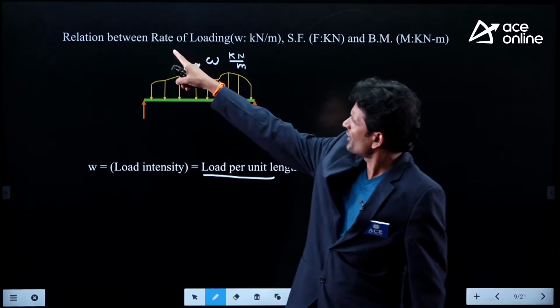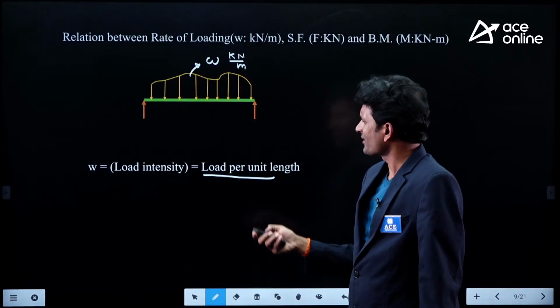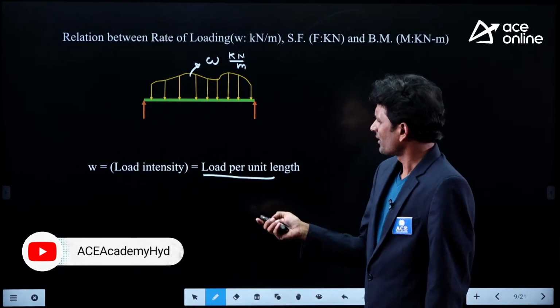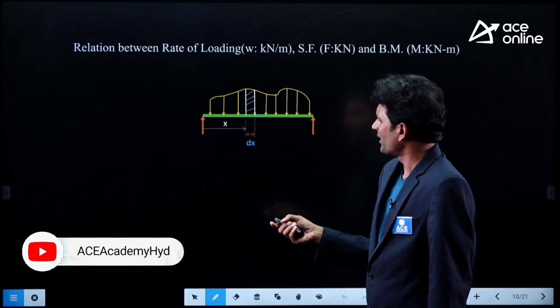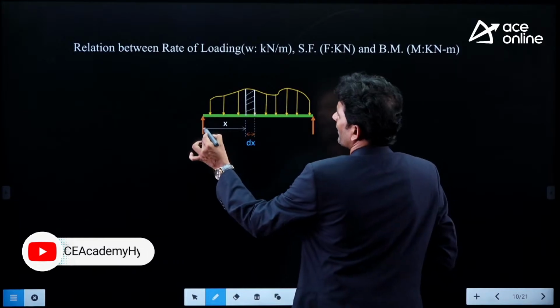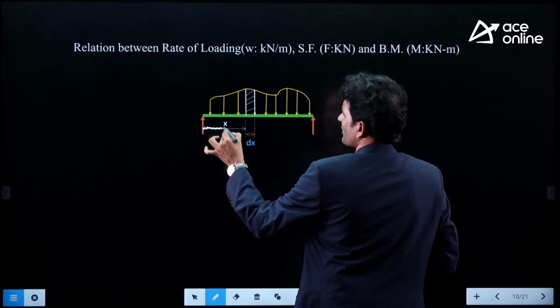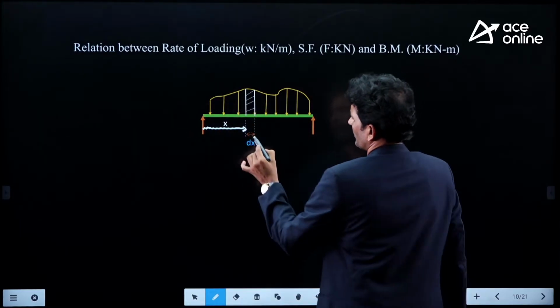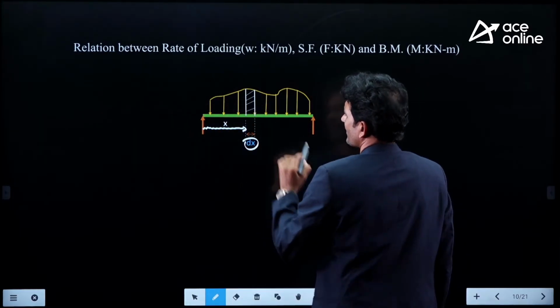To observe the relation between these three parameters, let us consider any small differential element on the loaded beam. That differential element I am taking somewhere here. This element I am selecting at a distance of x units from the left support. So the length of this element is dx.